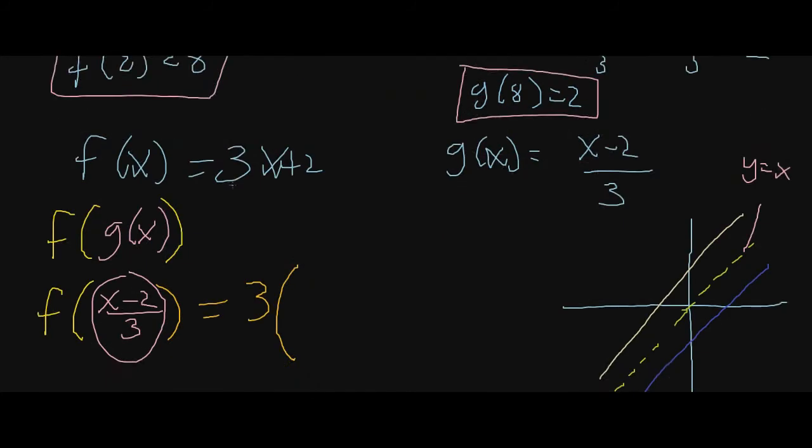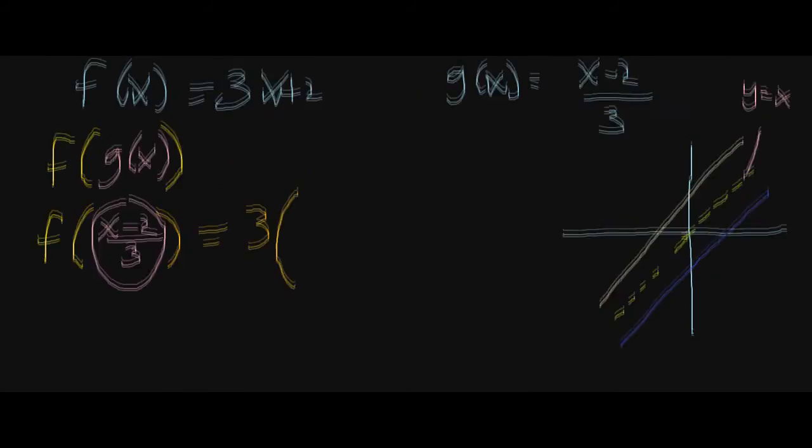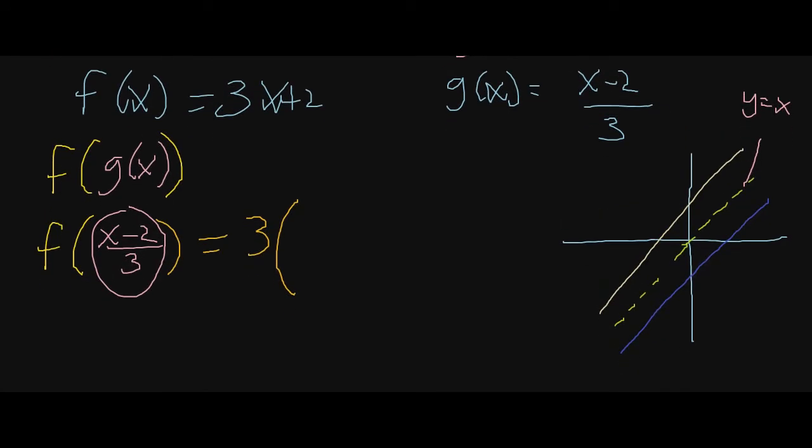All right, so we're doing the same thing, except we're going to actually do it with the entire function. We're putting the entire function in, right? So we're going to get 3x, where's it at? Oh, we're plugging in this entire function into x. So we're going to get x minus 2 all divided by 3.